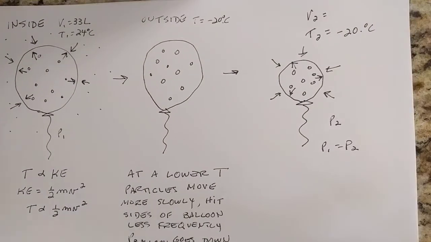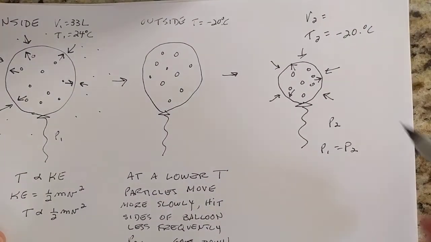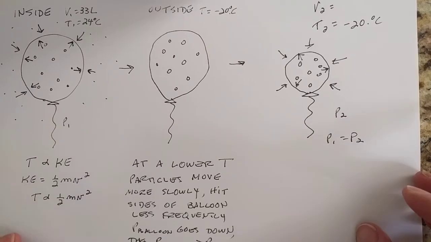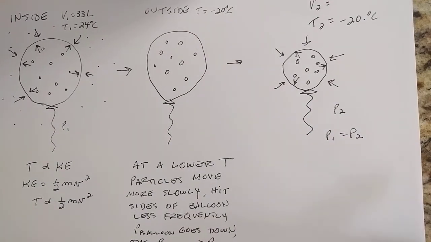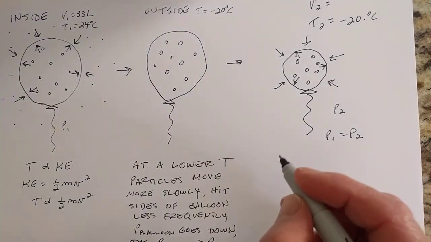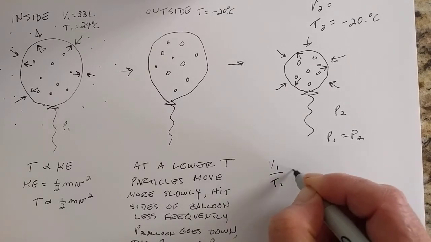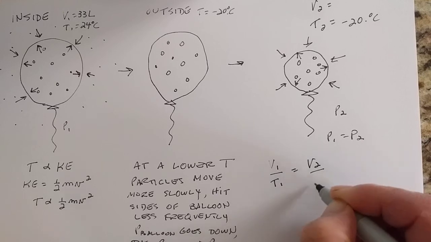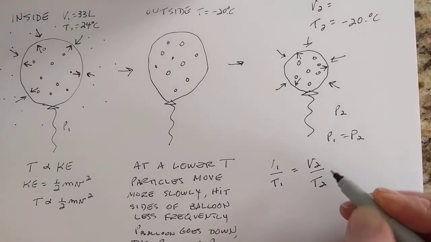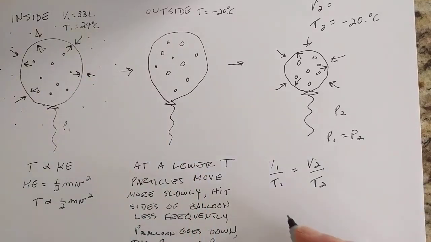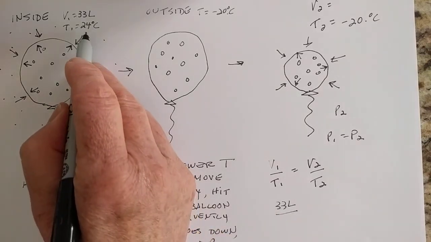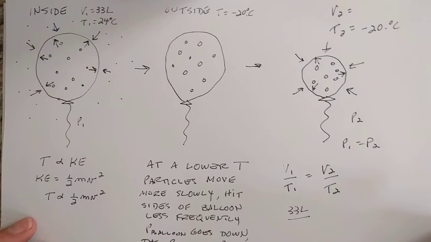All right, so let's actually figure out what our new volume is under this set of circumstances. So we use Charles's law. V1 over T1 equals V2 over T2. So our V1 is 33 liters and our T1 is 24, but we have to use Kelvin temperature.